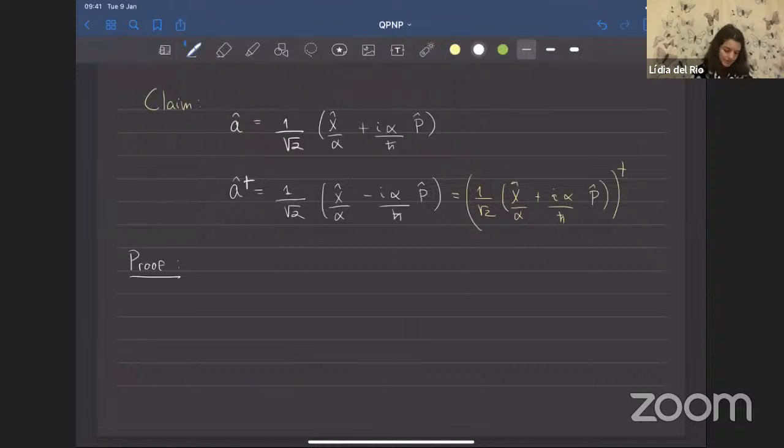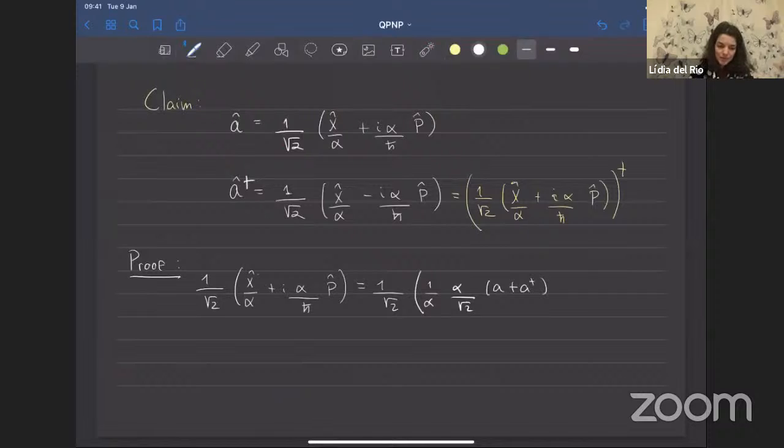And this is very simple, so you can use this time to go get some more tea. So x over alpha plus i alpha over h bar p. And now we just rewrite this in terms of the operators. So what was the definition of x? So we have here 1 over alpha from before. x was alpha over square root of 2 of (a plus a dagger).